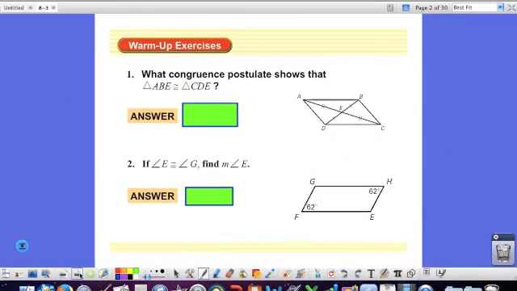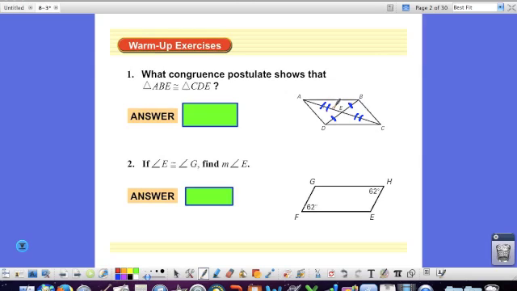Warm-up exercises. What congruence postulate shows that triangle ABE is congruent to triangle CDE? Well, you can see DE and EB are congruent, and AE is congruent to EC.